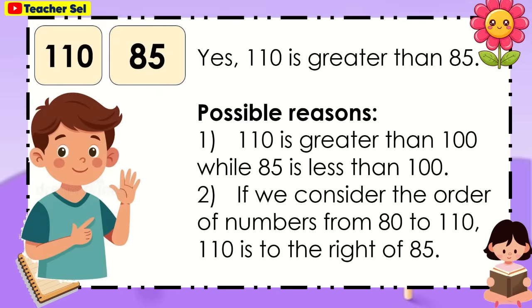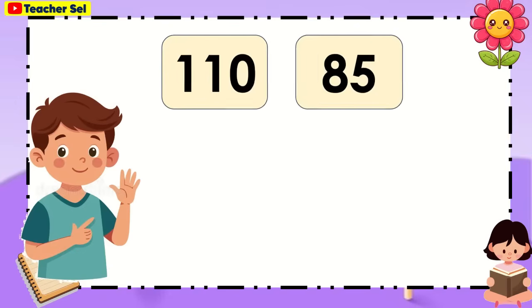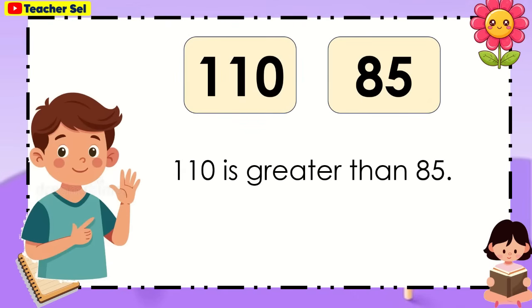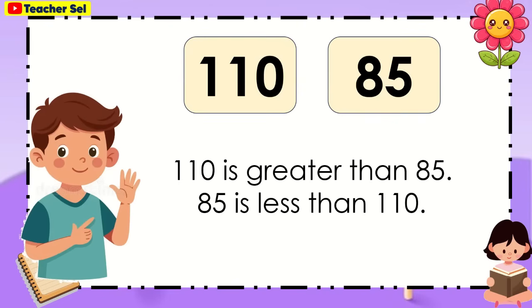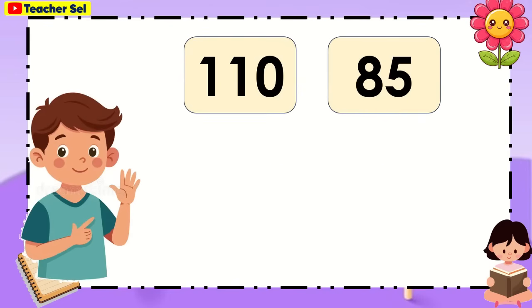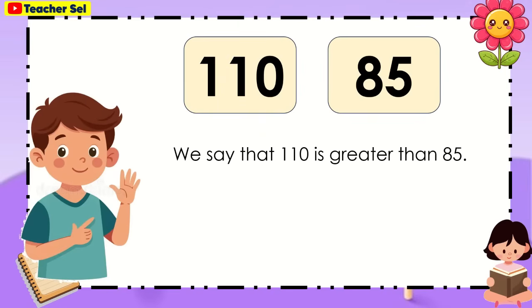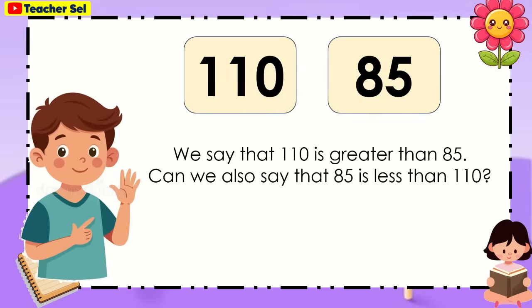If we consider the order of numbers from 80 to 110, 110 is to the right of 85. 110 is greater than 85. 85 is less than 110. We say that 110 is greater than 85. Can we also say that 85 is less than 110? Yes, we can.